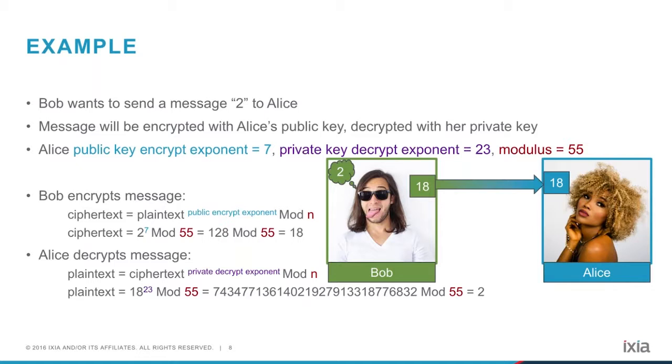So 18 to the 23rd, mod 55, is that big number mod 55. Basically, you divide 55 into that number, and you get a remainder of 2. So boom, Bob's your uncle, or at least Bob's your communication partner. Bob has successfully encrypted a message and sent it to Alice. Alice was able to decrypt it.